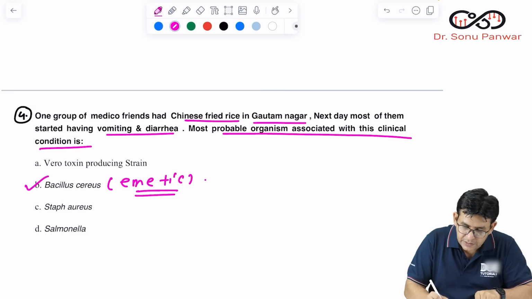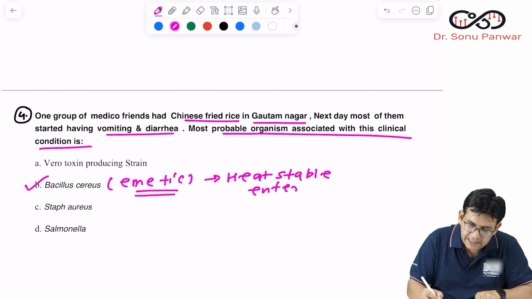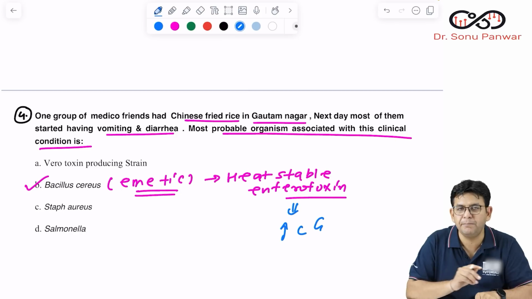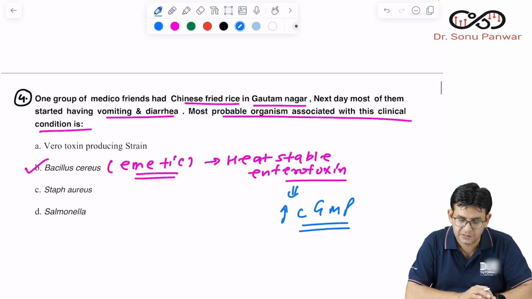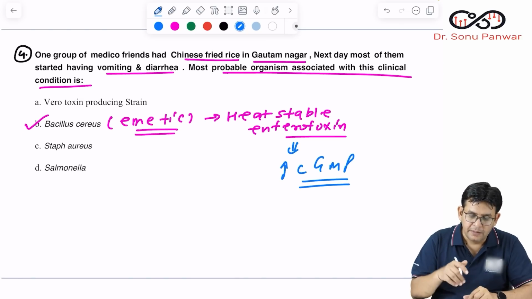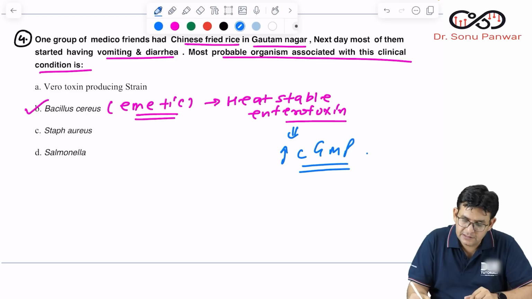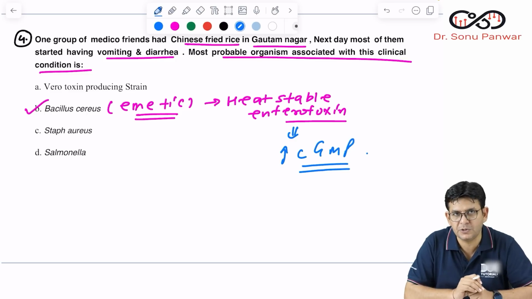Important is, this one has a heat stable enterotoxin, and this heat stable enterotoxin causes an increase in cyclic GMP, guanosine monophosphate. Remember this particular aspect also. Besides, the diarrheal one is the heat labile toxin, with an increase in cyclic AMP. Is it fine, guys? So remember this aspect also.